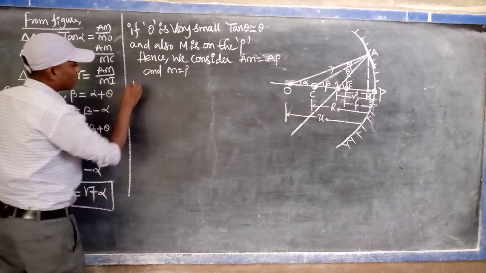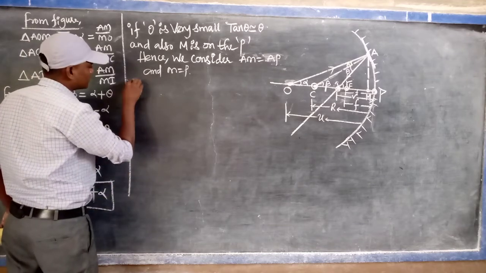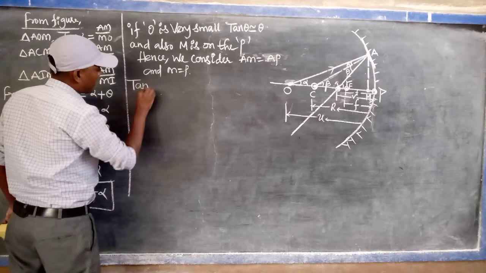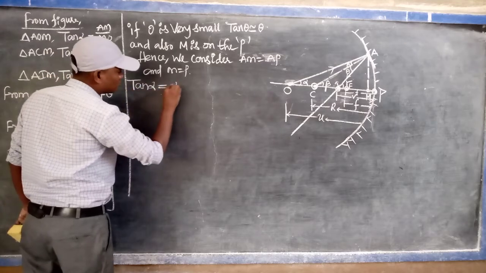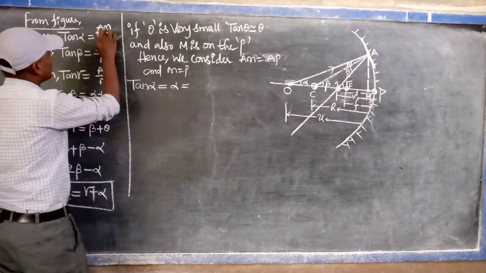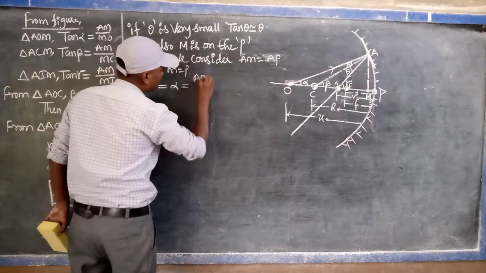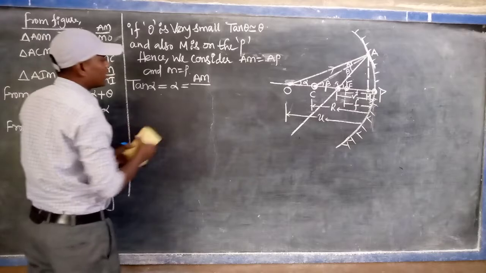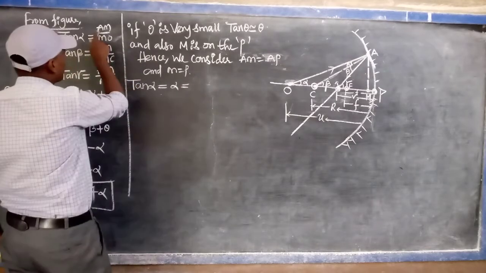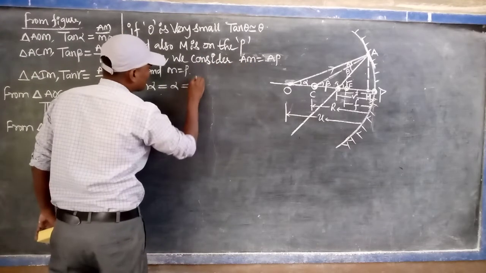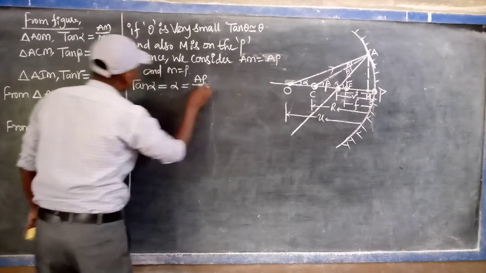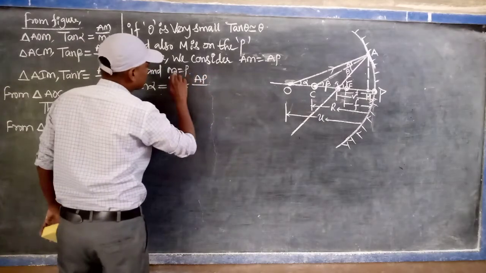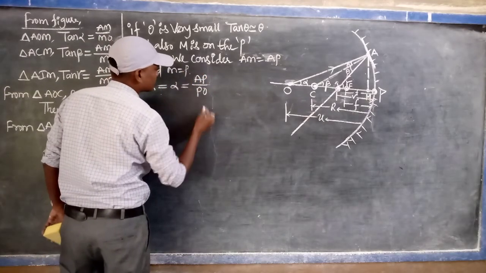Now tan alpha is equal to alpha, that is equal to AM upon MO. AM means AP, and M means P, that's why PO.